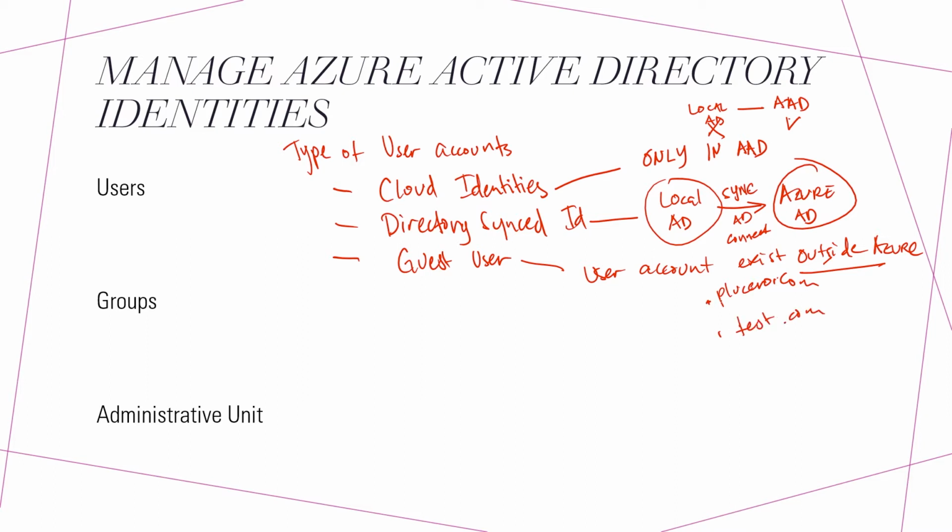When you create a guest user account of someone in test.com in Pilocero, that test.com account will be considered an external user account or a guest user. I'll be showing you how to create that later on. We will be demoing it in the Azure Portal, but for now let's move to the groups.